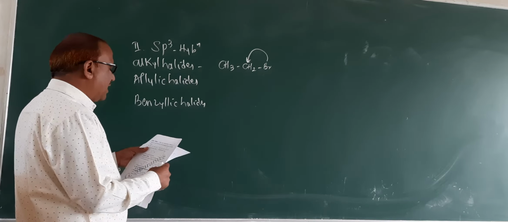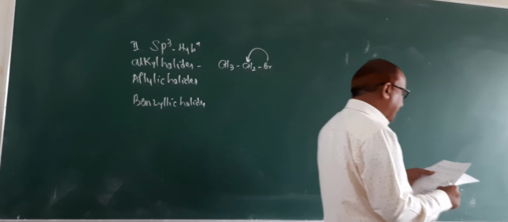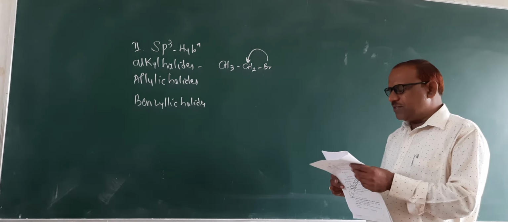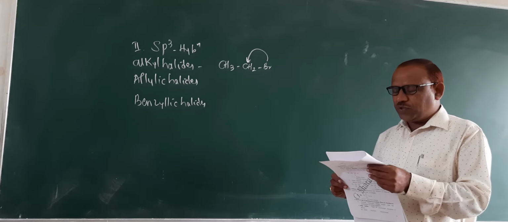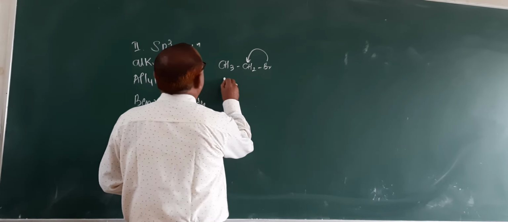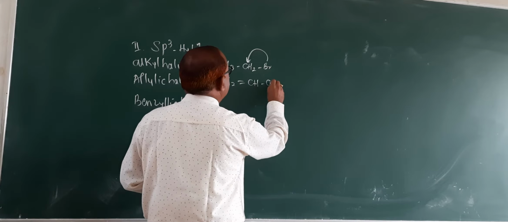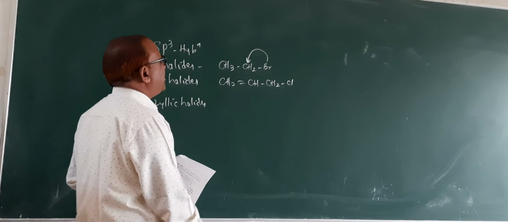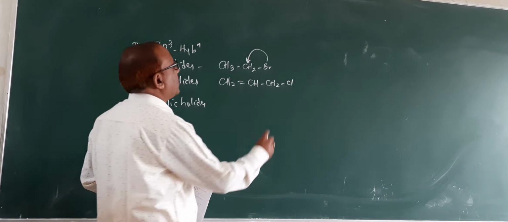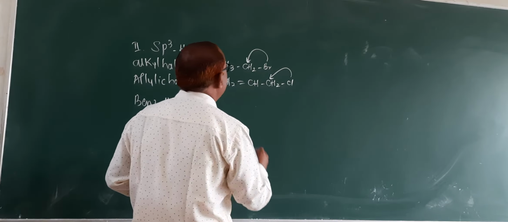Whereas allylic halides are also the monohalogen derivatives of either alkanes or cycloalkanes in which halogen is attached to the saturated carbon. Say for example CH2=CH-CH2Cl, chloropropene. Though there is the presence of unsaturation, don't expect sp2 hybridization here because the halogen is attached to the sp3 hybridized carbon atom.